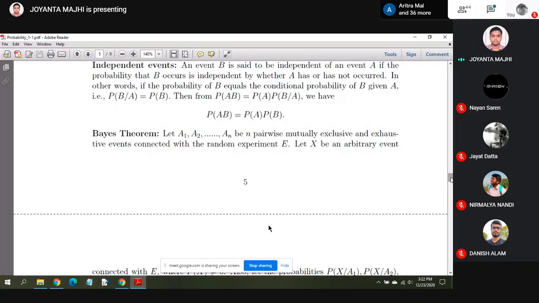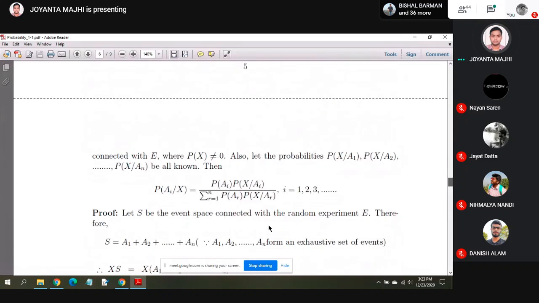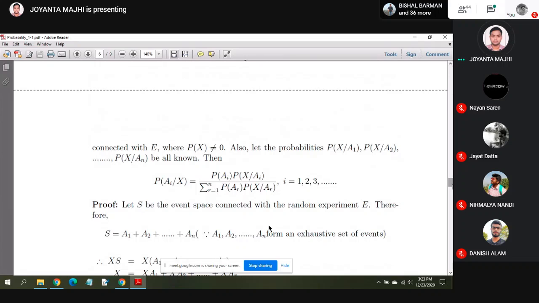Okay, Bayes theorem says that if A1, A2, dot dot An are n pairwise mutually exclusive and exhaustive events, and X is an arbitrary event connected with this random experiment E such that probability of X not equal to 0, that is X is not an impossible event, and also it is given that probability of X by A1, that is probability of X on the hypothesis that the event A1 has already occurred, is known.